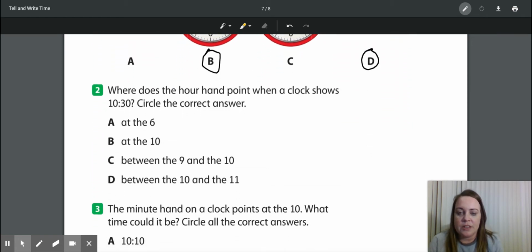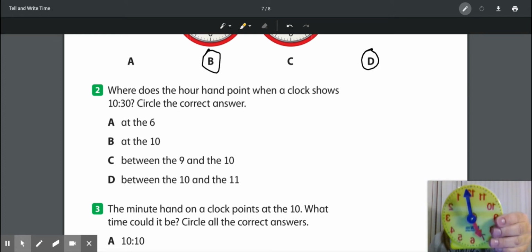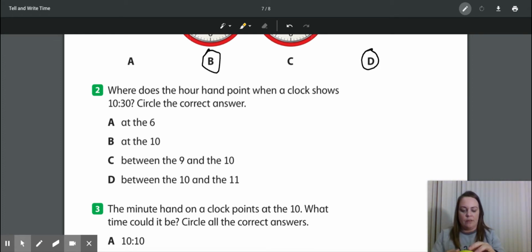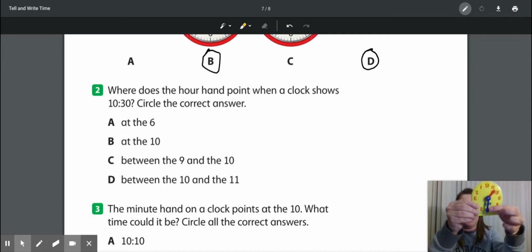Number 2, where does the hour hand point when a clock shows 10:30? Hour hand. I have my little clock here. For the hour to show 10:30, remember for the minute hand to be half past the hour, it's halfway down on that 6.